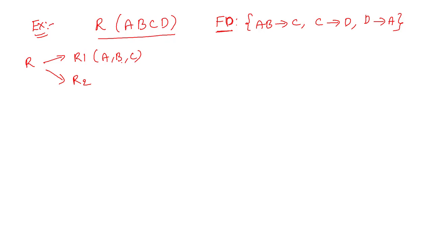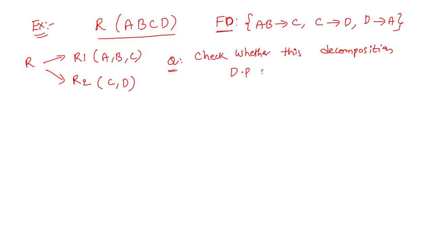R2 has the attributes C and D. Now the question is, check whether this decomposition R into R1 and R2 is dependency preserving or not. This is the question.